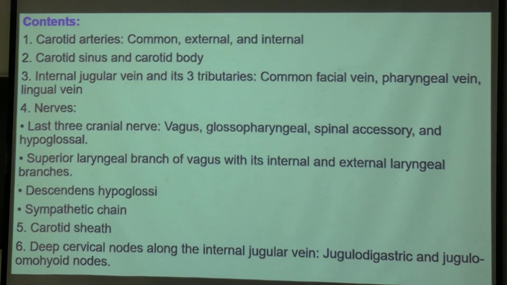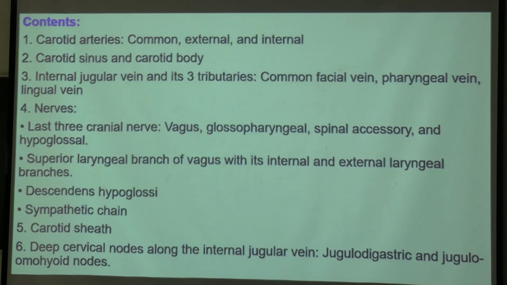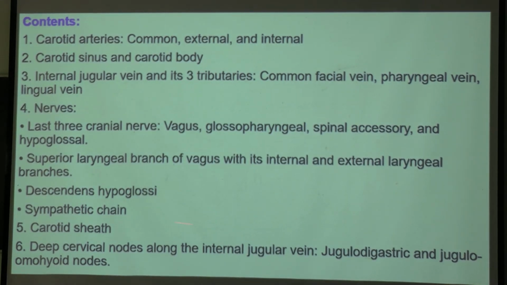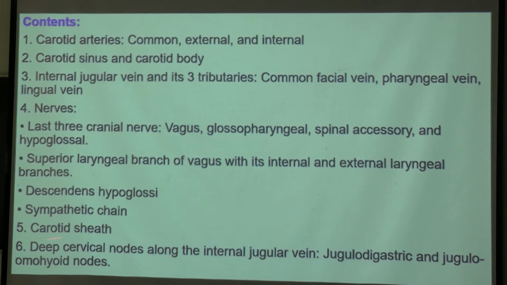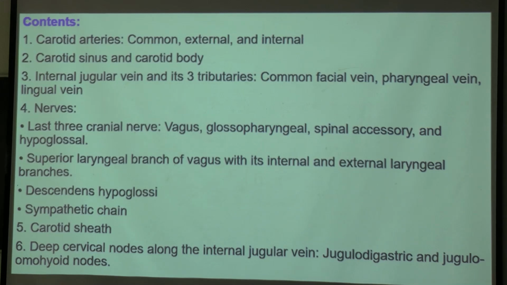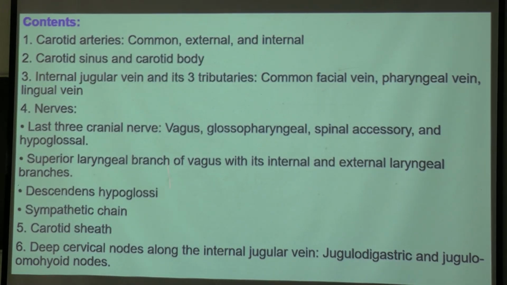Superior laryngeal branch of vagus with its internal and external laryngeal branches, descendens hypoglossi, sympathetic chain, carotid sheath, and deep cervical nodes along the internal jugular vein, that is jugulodigastric and jugulo-omohyoid nodes. All those are contents of the carotid triangle.